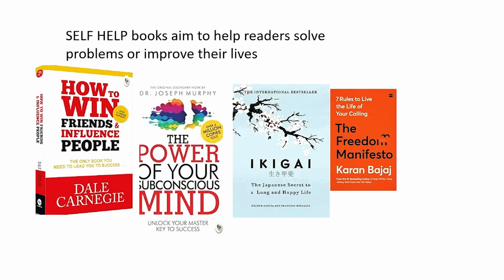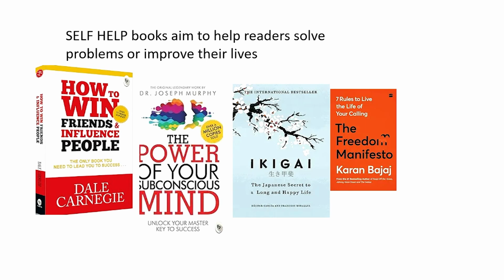The next genre is self-help books. Again, something that we're all familiar with. In the last lecture, I talked about Dale Carnegie's How to Win Friends and Influence People. This is another edition of the same book. There are other books, The Power of Your Subconscious Mind, Ikigai, again a very well-known book, The Freedom Manifesto by Karan Bajaj, 7 Rules to Live the Life of Your Calling.